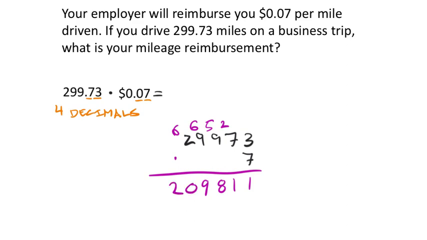Okay, so we end up with 209,811. But once again, we must apply these 4 decimal places. So starting to the right, 1, 2, 3, 4. And our answer ends up being 20.9811.